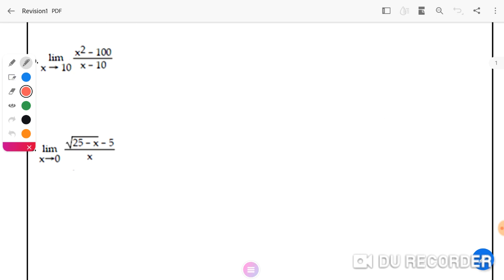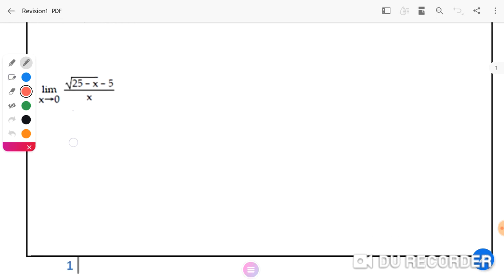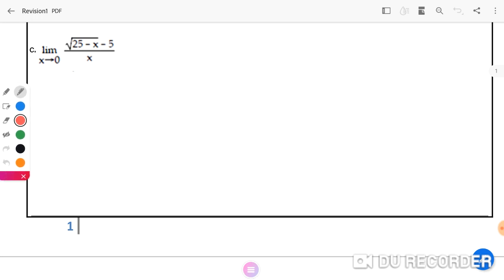For the last problem, problem part C, okay, I also follow the 3 steps. Maybe from step 1 I will not continue to step 3, as I'll show you in the following question.